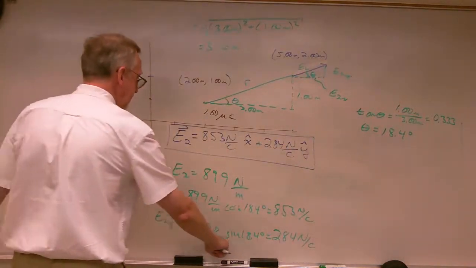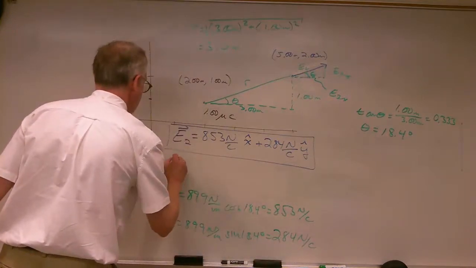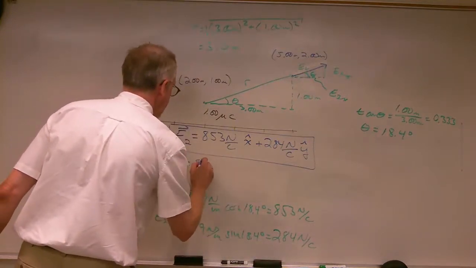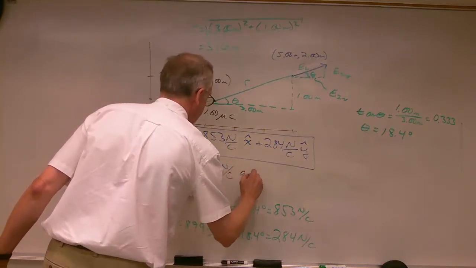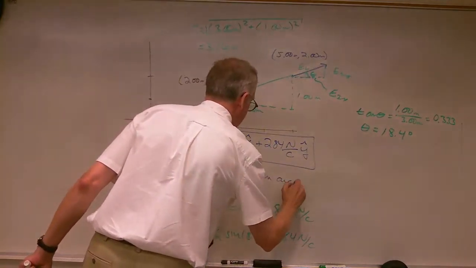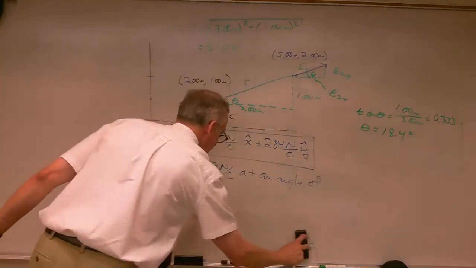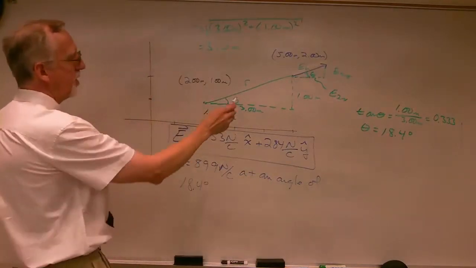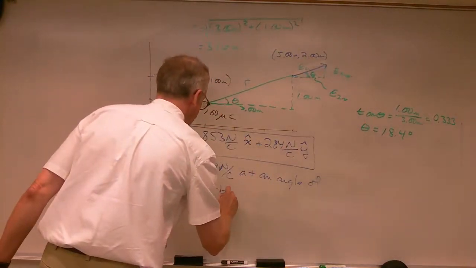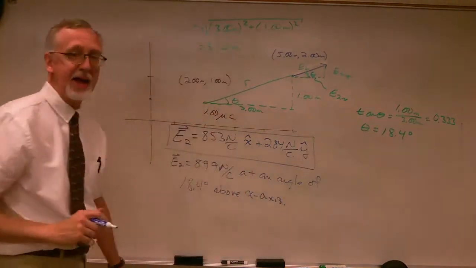Another way of writing this is we can say that E2 is equal to 899 newtons per coulomb at an angle of 18.4 degrees above the x-axis.